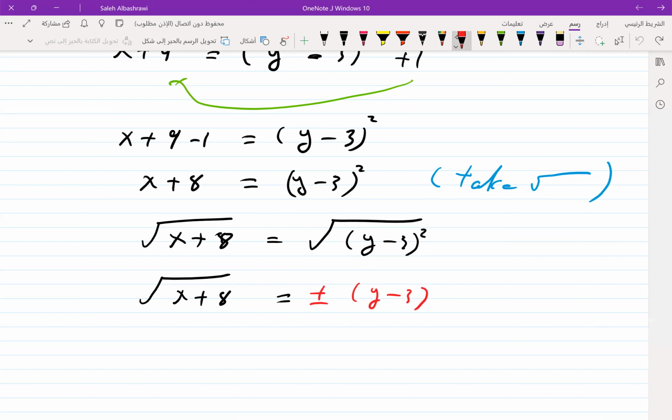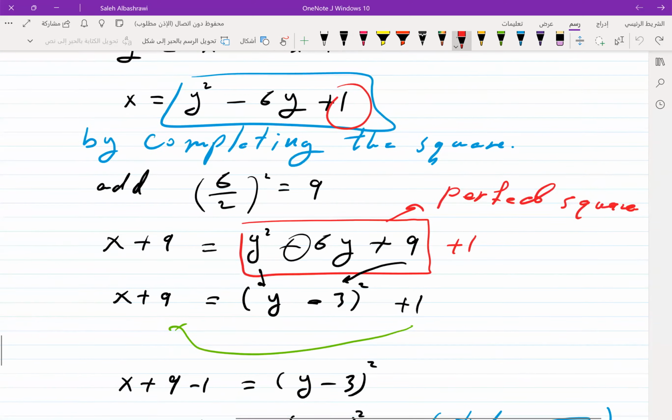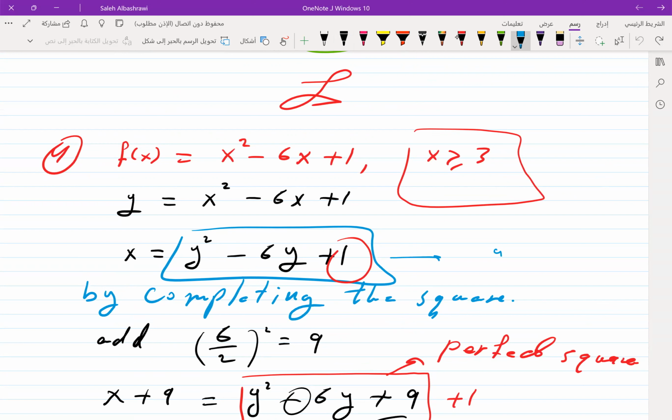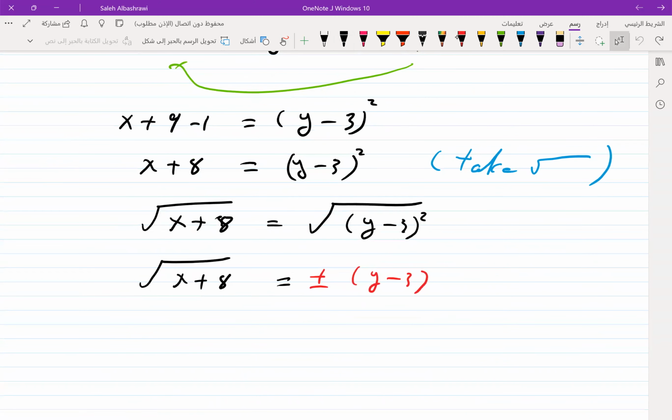But this will depend on the domain in the question. We have x greater than or equal to 3. Don't forget that we interchange between x and y. If we interchange, in this case it is y greater than or equal to 3.